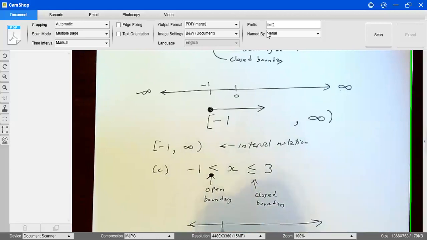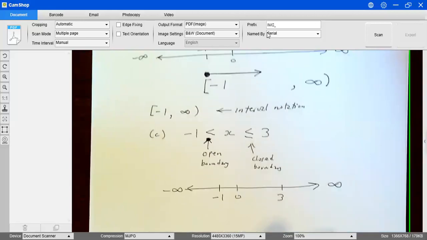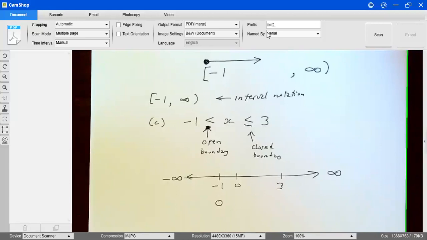So you have here -1, you have 3, you have 0, positive infinity, negative infinity. So you have on the left an open boundary, so you have an empty dot. You have a closed boundary at 3. So you do this, and then you just draw a line here.